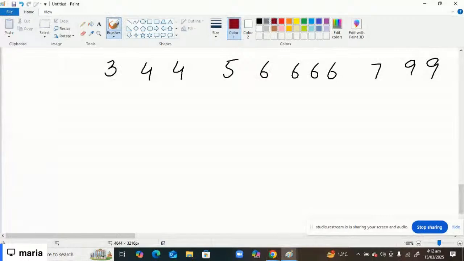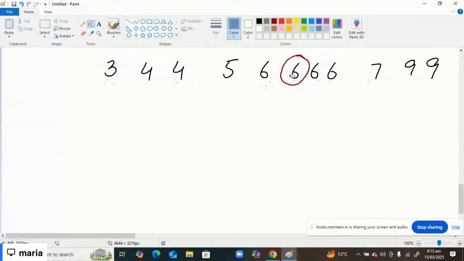So what is the upper half and what is the lower half? Look here, we count it all: 1, 2, 3, 4, 5, 6, 7, 8, 9, 10, 11. It's 11. What is the middle of it? 1, 2, 3, 4, 5. Here is 1, 2, 3, 4, 5. So this one is the middle.